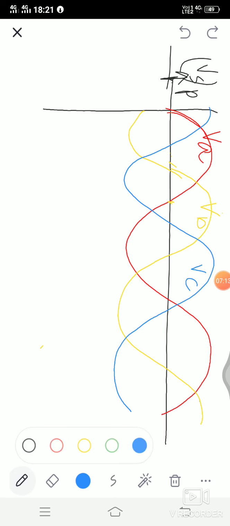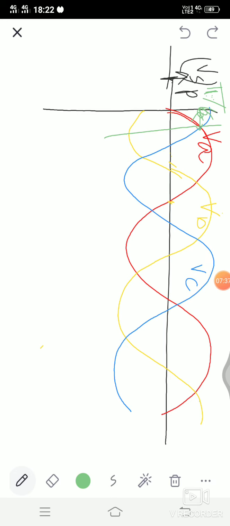So always keep one thing in mind while you are drawing the phasor diagram. This gap shows 30 degree, means pi by 6. So whenever you start taking firing, always you have to start taking from pi by 6.